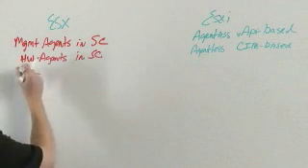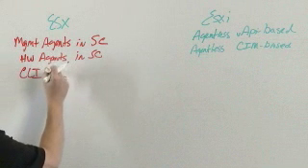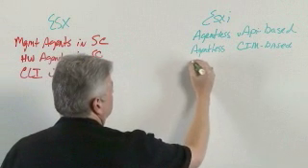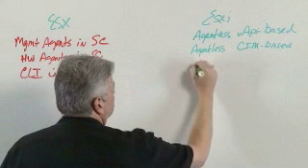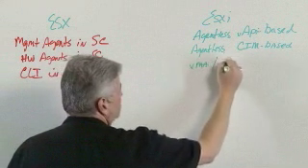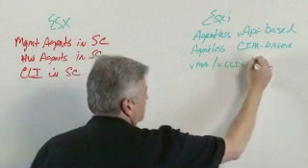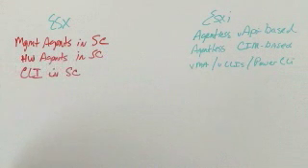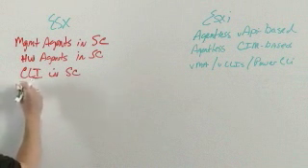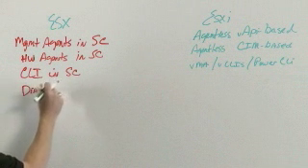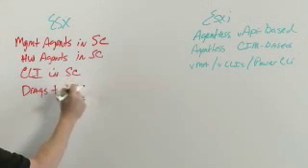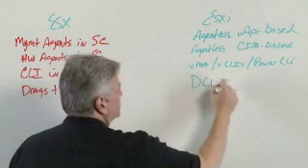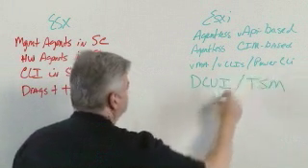Command line interface occurred in the service console, but now we have the remote VMA, the vCLIs, PowerCLI. For diagnostics and troubleshooting, now we have the direct console user interface and tech support mode.